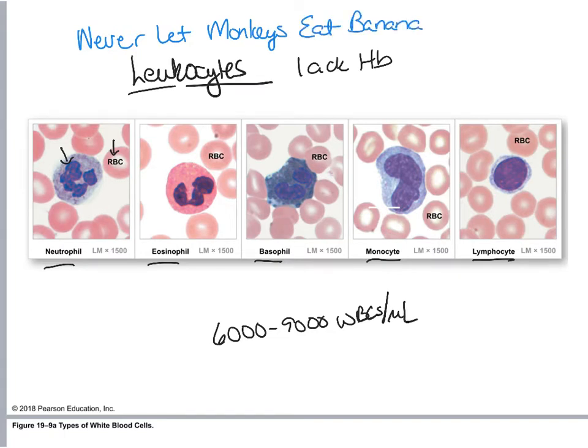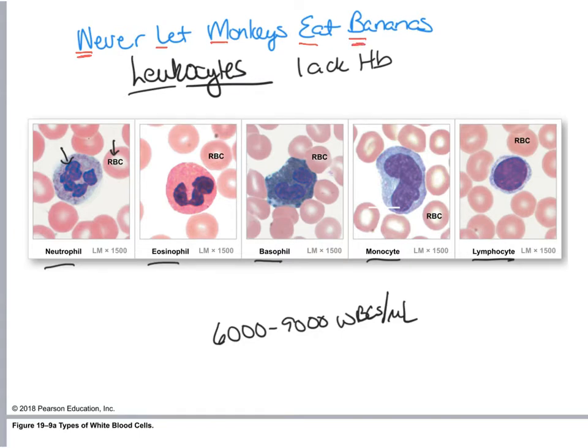This is going to tell us which is the most common and which is the least common. By using the first letter of each word, N for neutrophil, L for lymphocytes, M for monocytes, E for eosinophils, B for basophils, we can remember which is the most common, which one we have more of, neutrophils, and which one we have the least of, basophils.